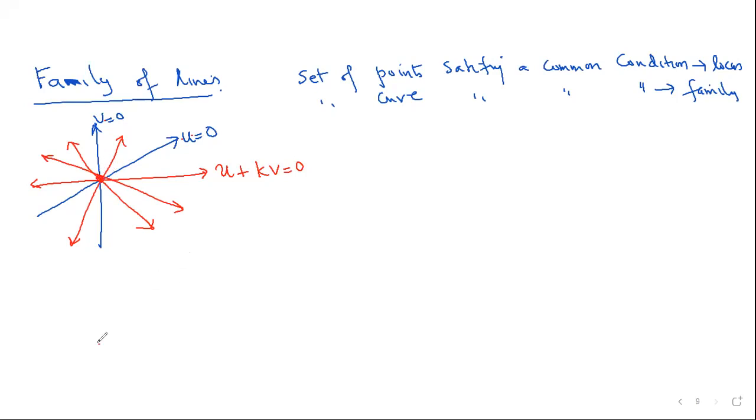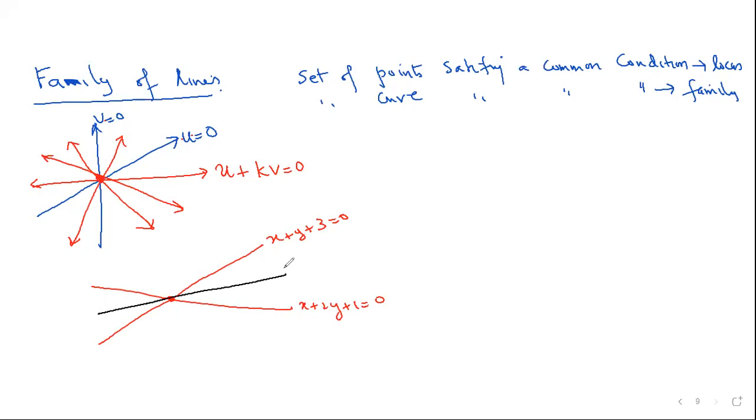For example, if the equation of this line is x plus y plus 3 equal to 0 and the equation of this line is x plus 2y plus 1 equal to 0, imagine that this is their point of intersection. Then what will be the equation of this line which I'm drawing? The equation of this line would be x plus y plus 3 plus some constant, I don't know what that constant is, into x plus 2y plus 1 equals 0.